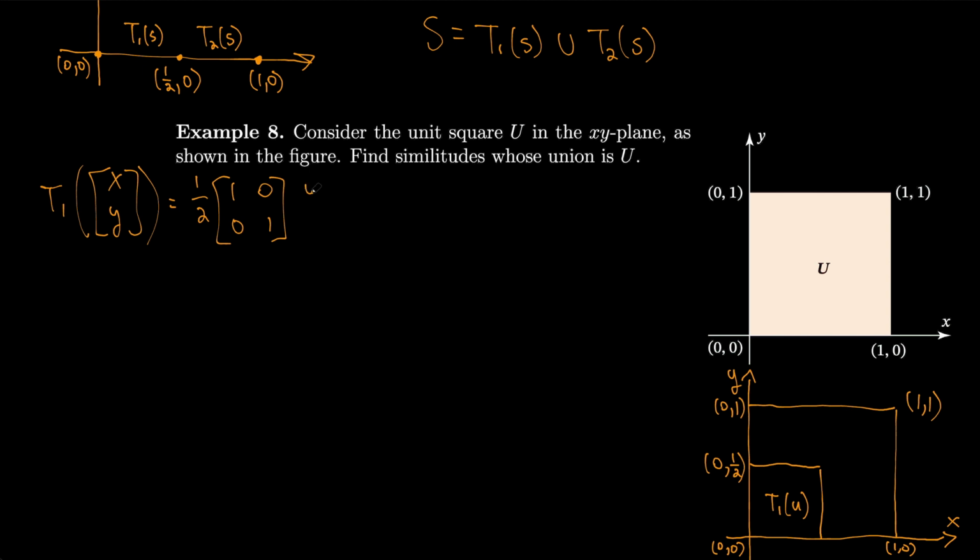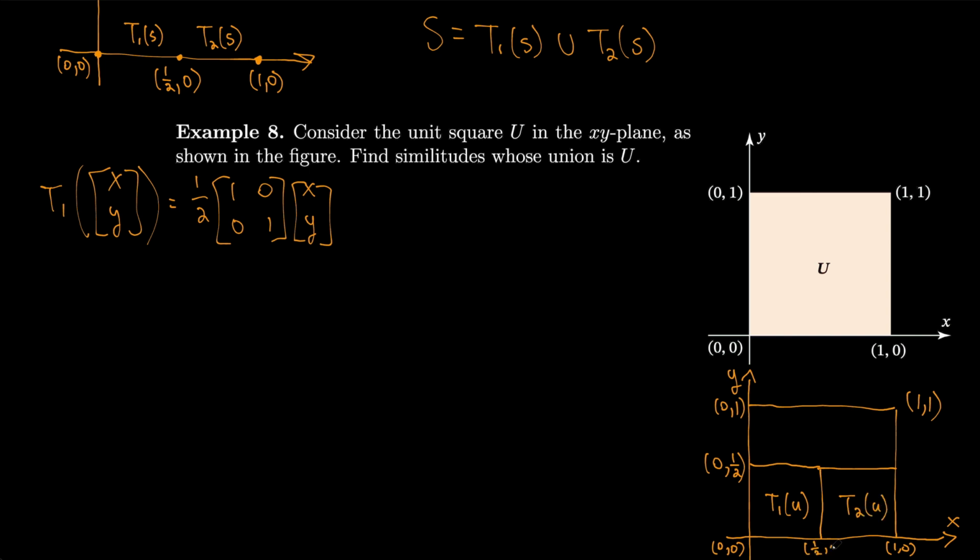So here's xy. Okay, good. And then I would like to, how about move it over here? So I'll shrink down and then move over, and then I'll get this guy. So that'll be T2 of u.